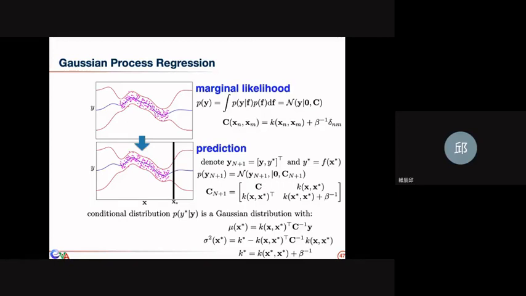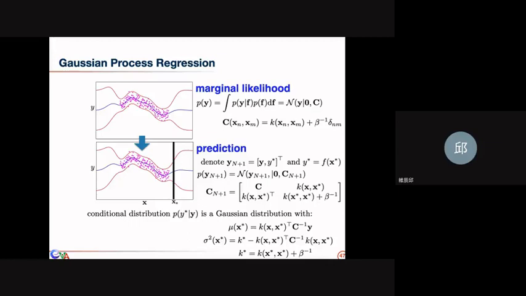The upper left corner is from the original covariance matrix C, of size n by n, capital N. On the upper right corner you have the kernel between your test input and all the training data points, the relation between your test data and all your training data.